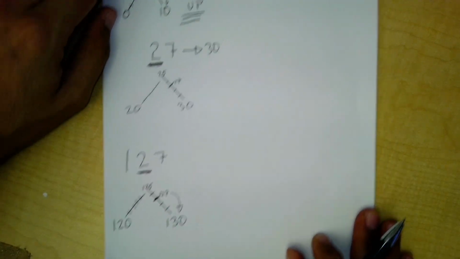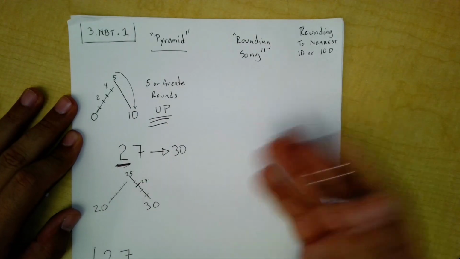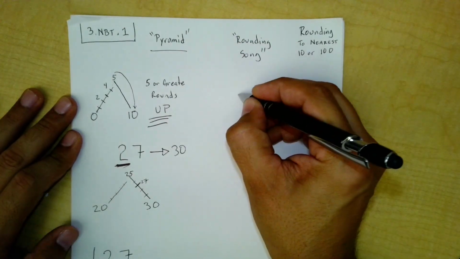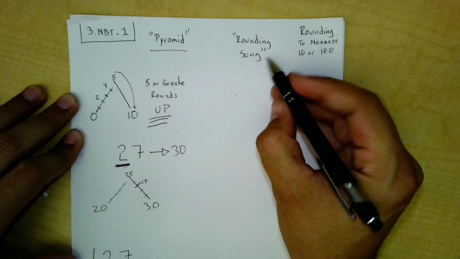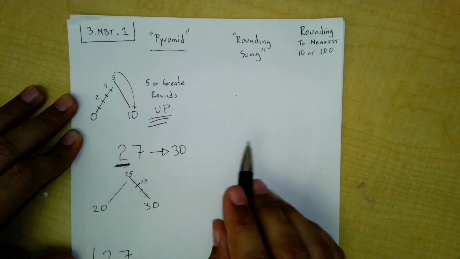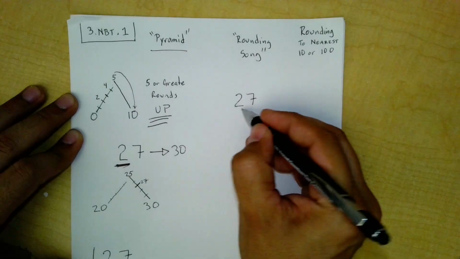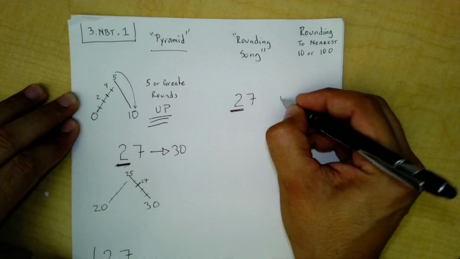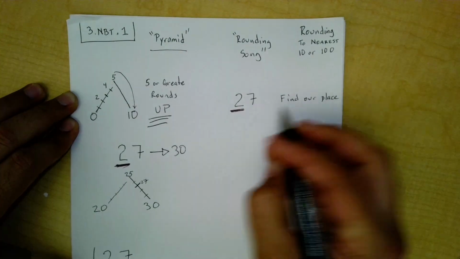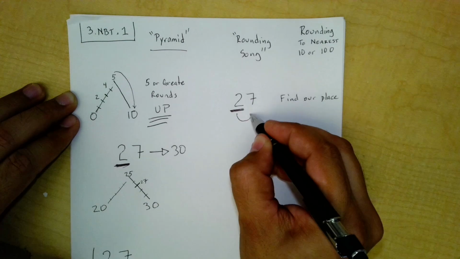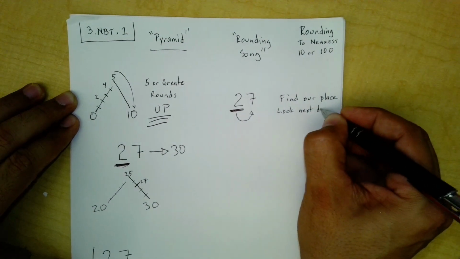Now the rounding song is a strategy I use that basically gets the same answer, just in a little bit of a different way. The rounding song doesn't really work with 0 to 10, so let's start with 27. If we're rounding 27 to the nearest 10, then we're going to find our place. We're going to look next door. Look next door.